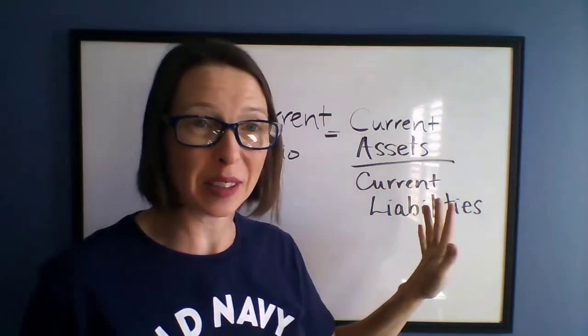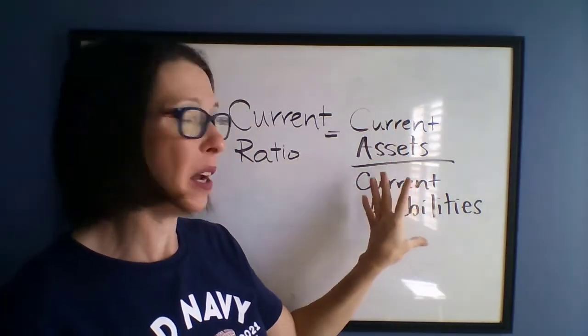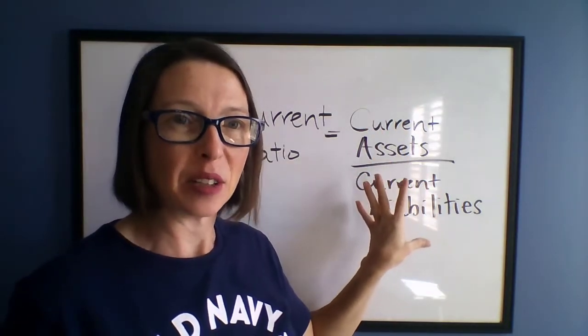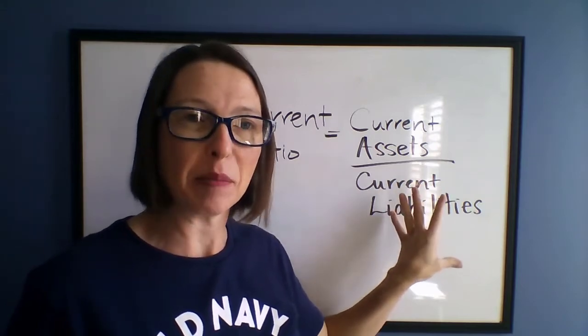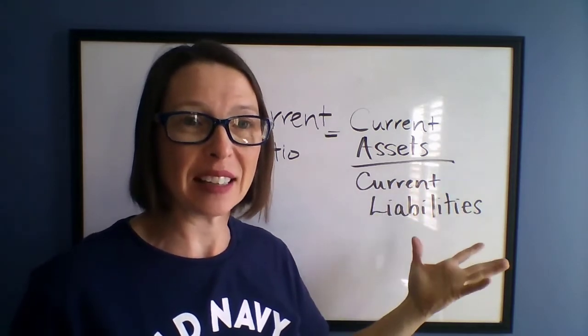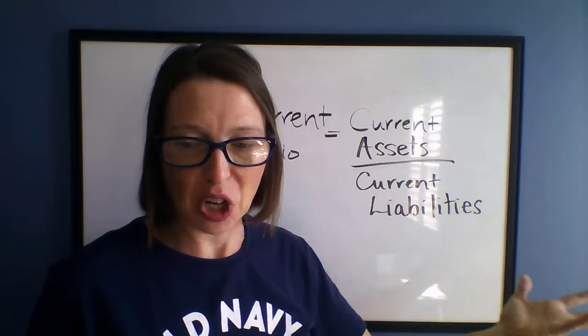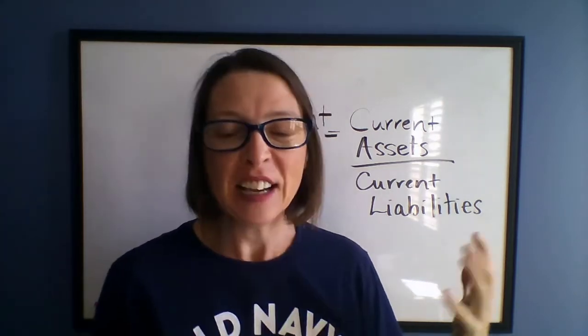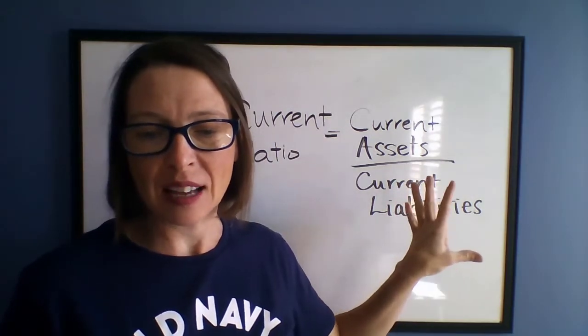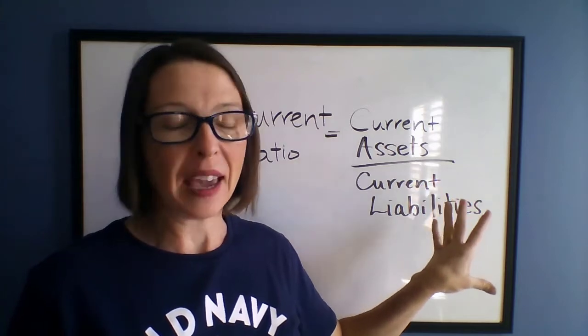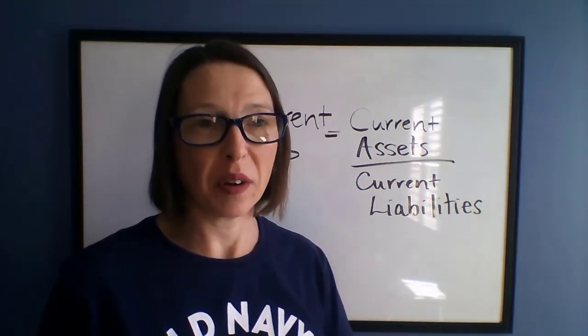If it's less than 1, the bottom number is bigger, and having more liabilities than assets is not great. Net working capital is also negative, and you don't want that for a company.